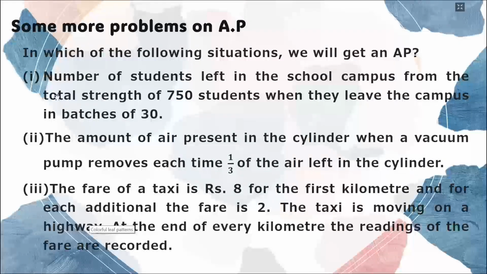Okay, so if you look at this first problem, we are provided the number of students left in the school campus from the total strength of 750 students when they leave the campus in batches of 30. So we have to check whether we will get an AP or not in this situation.